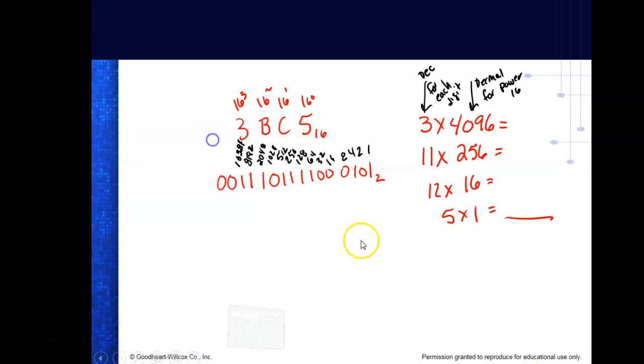But you need to learn how to do this without a calculator, because you might not always have a calculator with you, even though most people have their cell phones now. You can download a calculator.